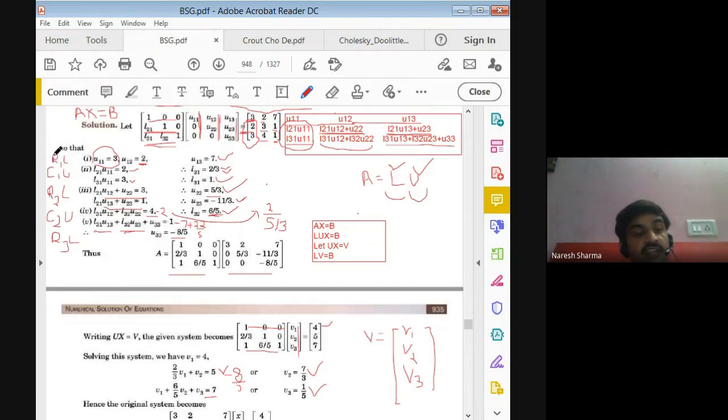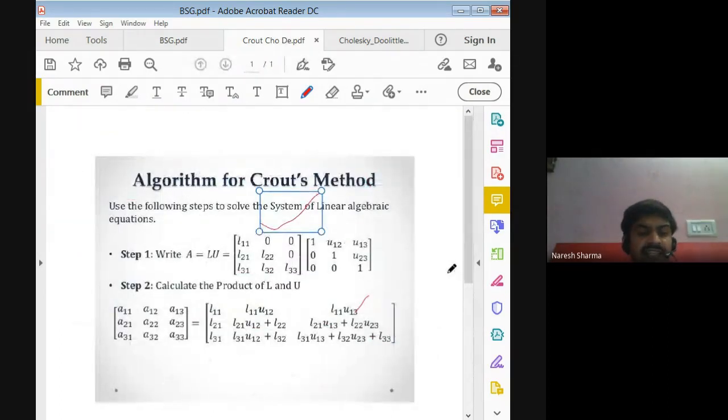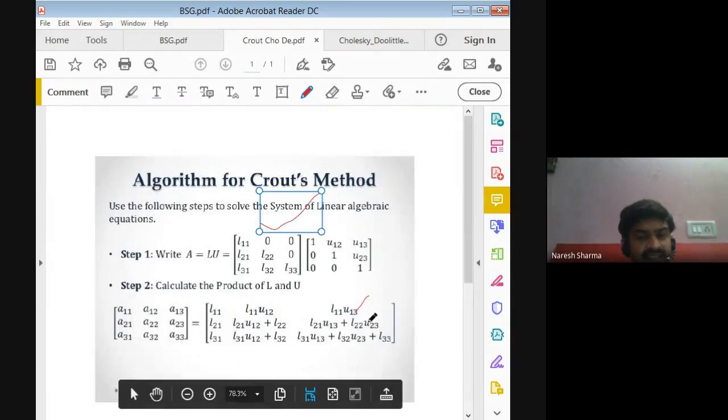In the Crout method, we use the first column of the lower matrix, row of your upper, column of your lower, and second row of your upper, like this. You just change. If you write the matrix, it is now clearly simple.